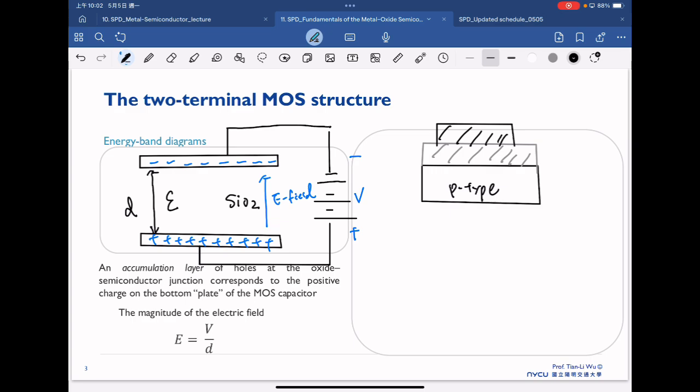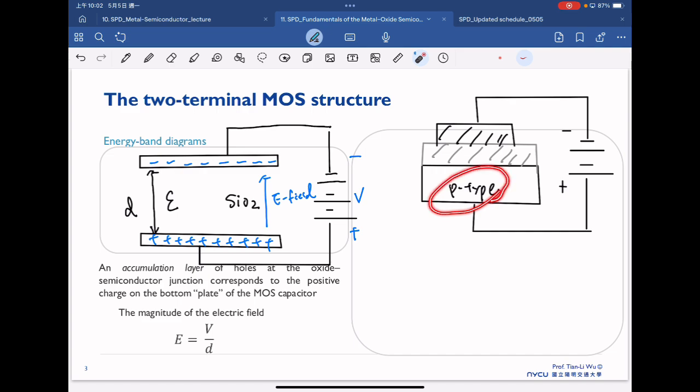So the left-hand case is exactly the right-hand case where we apply the positive and negative, where the positive is connected to the P-type substrate, and the negative is connected to the top metal.